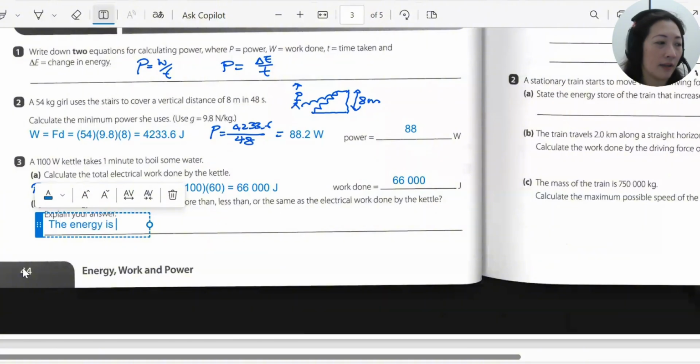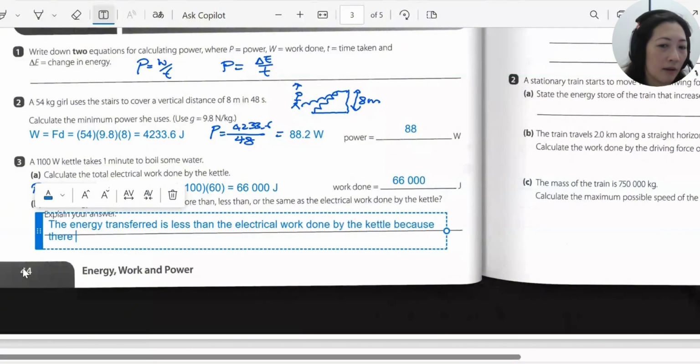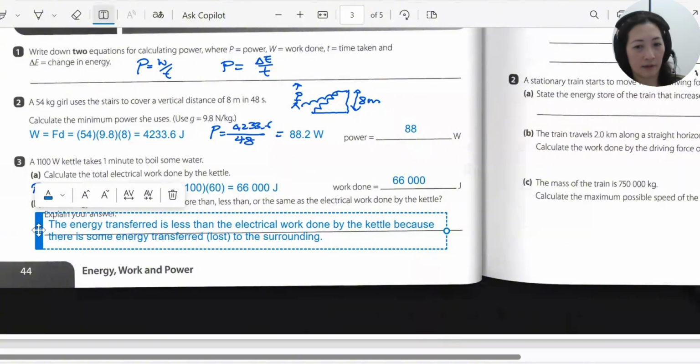So the energy transferred is less than the electrical work done by the kettle because there is some energy transferred, or you can say lost, to the surroundings.